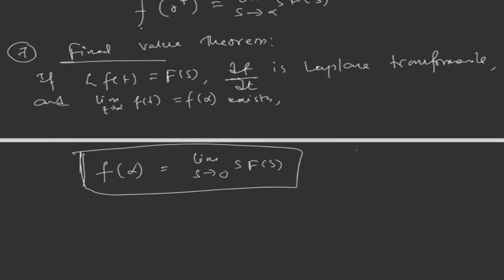Suppose this is my response and this is the desired response; I want to fly my aircraft. If there is some error at steady state, to find this amount of error we will use the final value theorem.